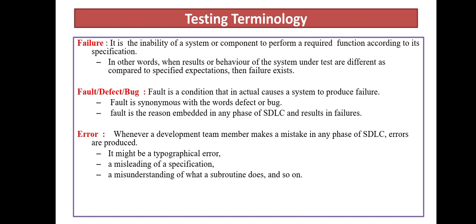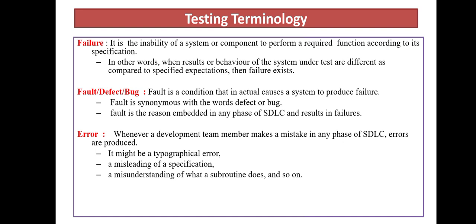An error is whenever a development team member makes a small mistake in any phase of the software development life cycle, then errors are produced. That is wrong entries. Why does it happen? It might be a typographical error, typing mistakes, or misreading of the specifications.